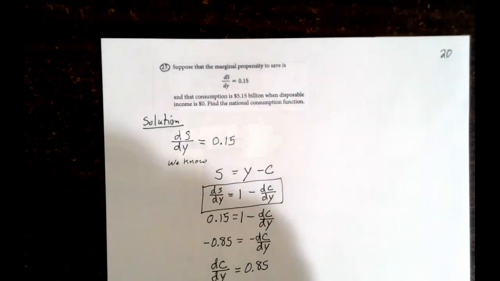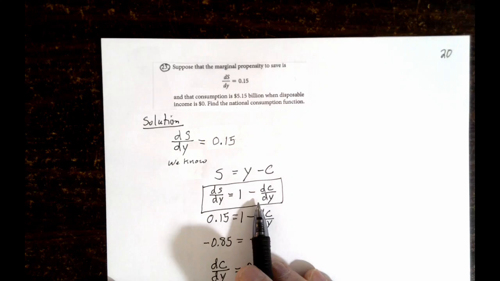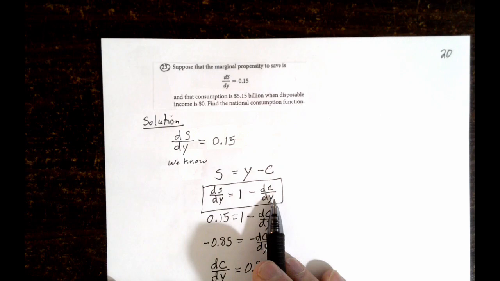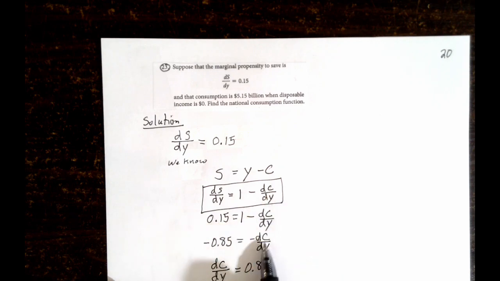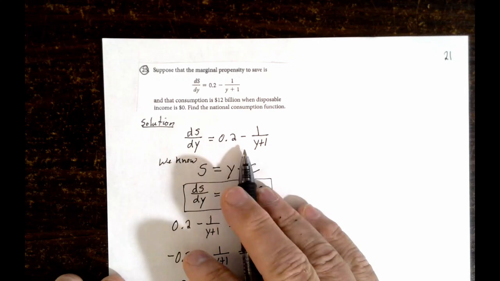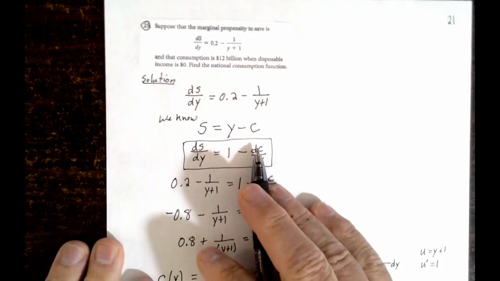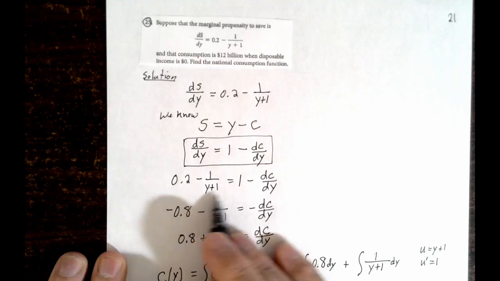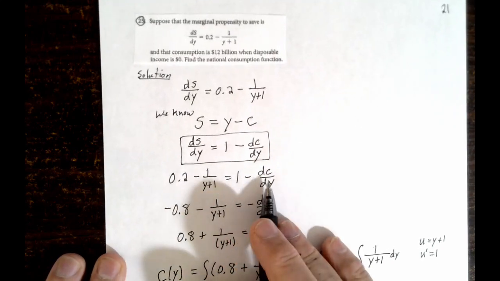So it takes a little bit of work, but we're using this idea here. So we take the s prime that we know here, and then we can isolate c prime, and that's what we're going to integrate. So again, this is given here, and so we can plug that in for s prime, and we can solve for c prime.